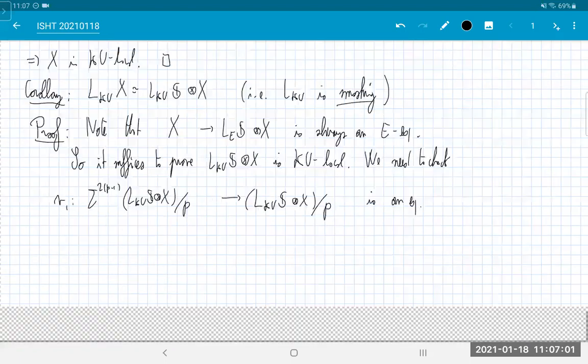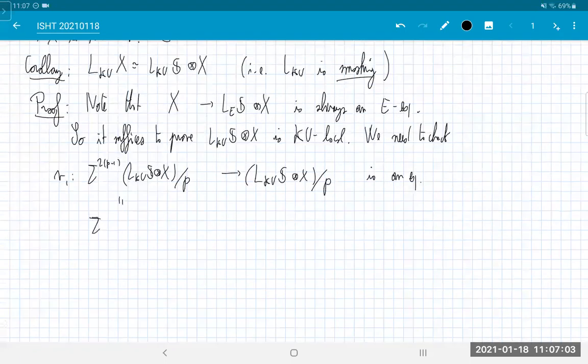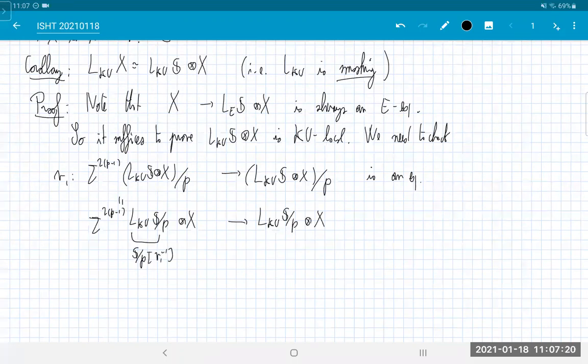But now, we know who this guy is. This guy is exactly S mod p with v1 inverted, and this is obviously an equivalence by definition.